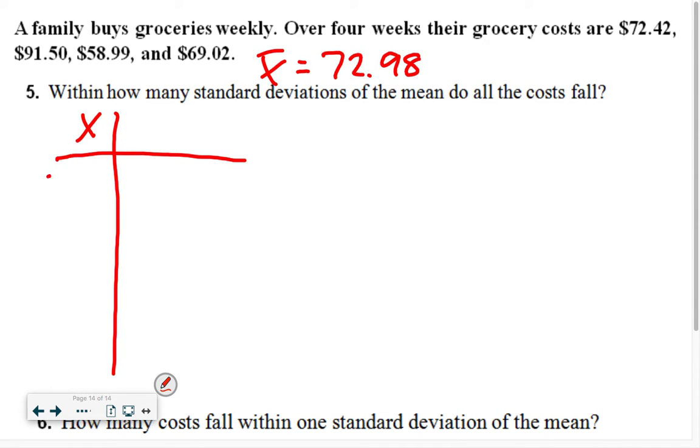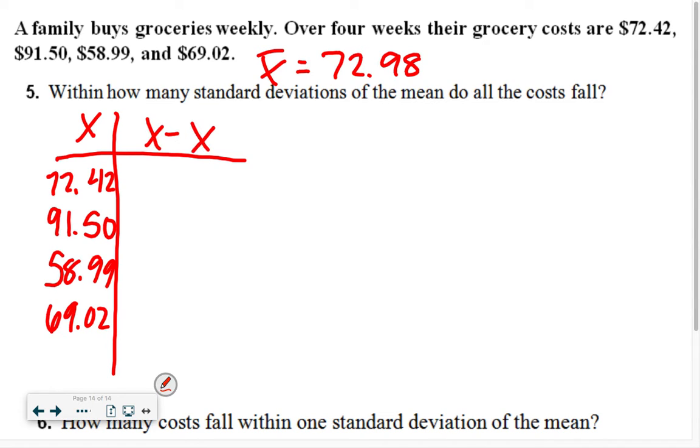So I got 72.42, 91.50, 58.99, and 69.02. Then you said subtract from my mean.